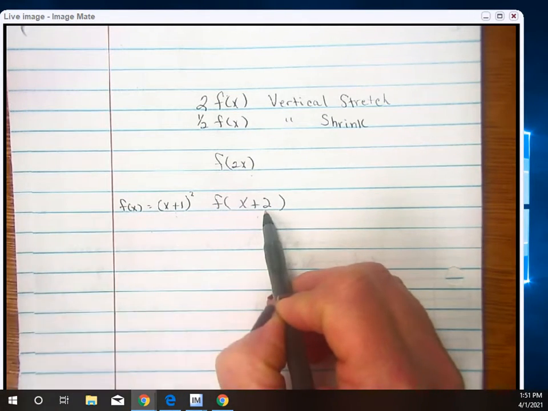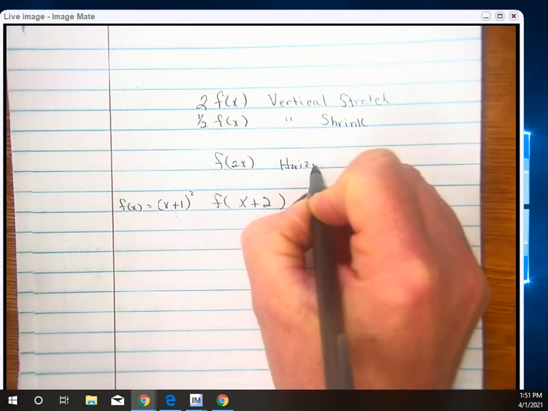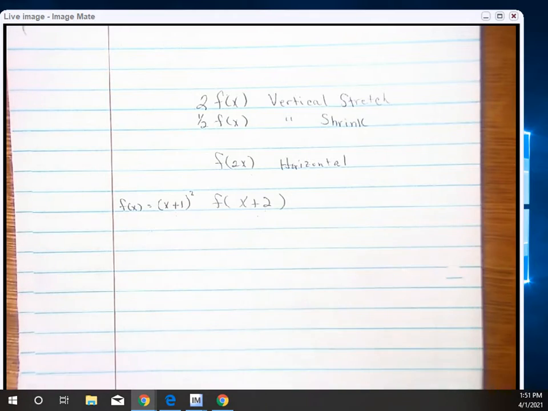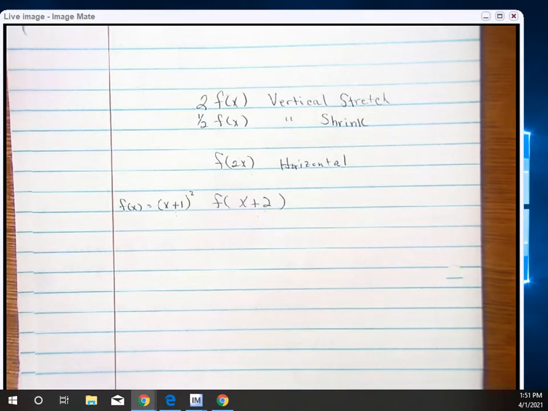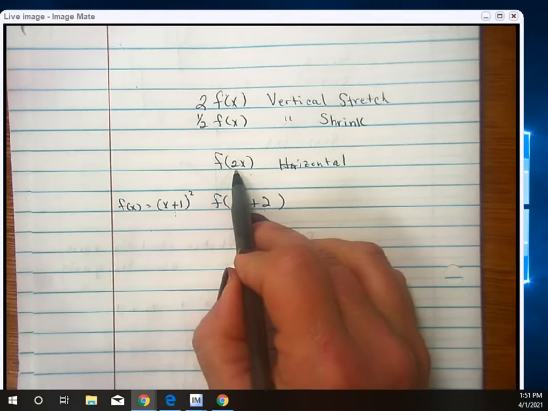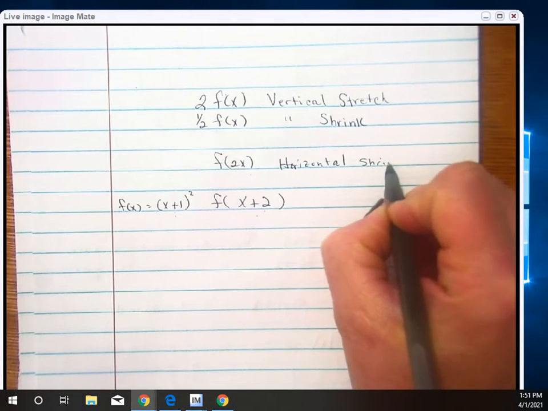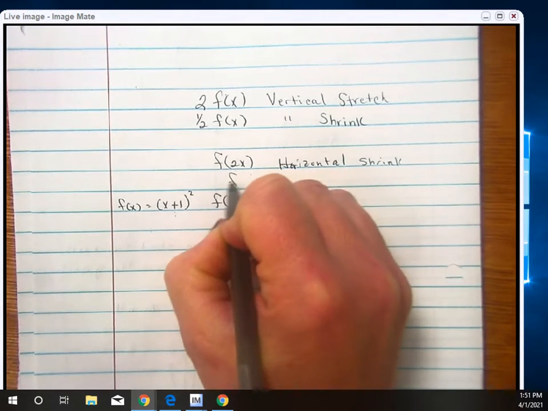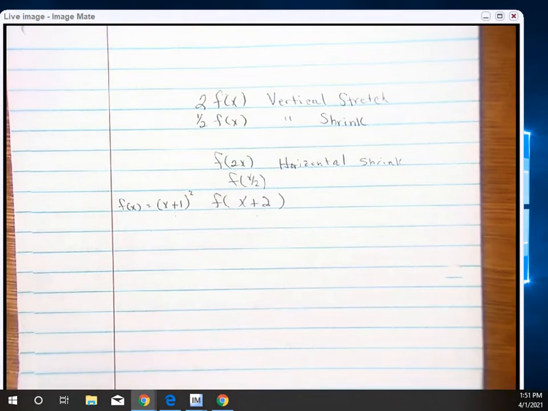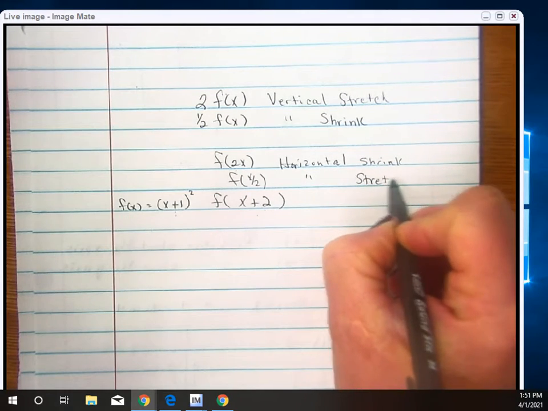So if you're multiplying, you divide. So we say that these are horizontal because it's happening to the x value, and that moves it left, right. And if it is 2 times, it's a horizontal shrink because think opposite. So if it's being divided by the number, it's a horizontal stretch.